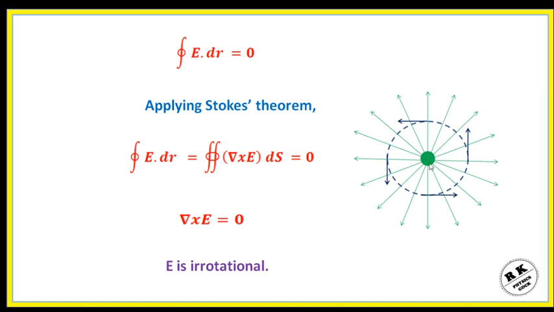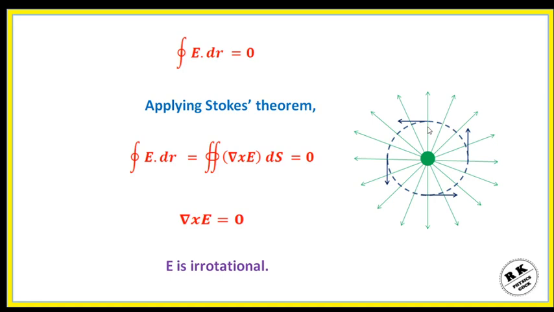Now how can we say this vector field is irrotational? The charge will create a radially outward electric field intensity. It will create an electric field which will act radially outward in all directions, 360 degrees in space, if the charge is a positive charge.